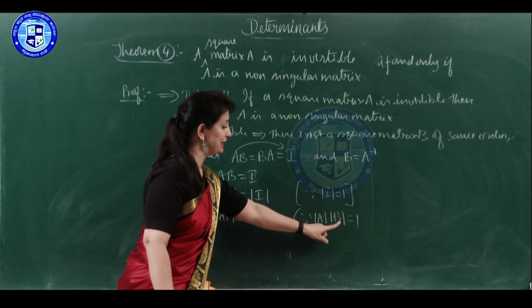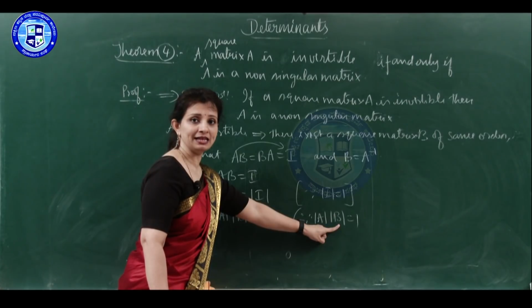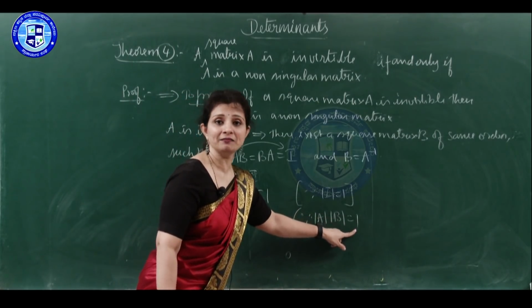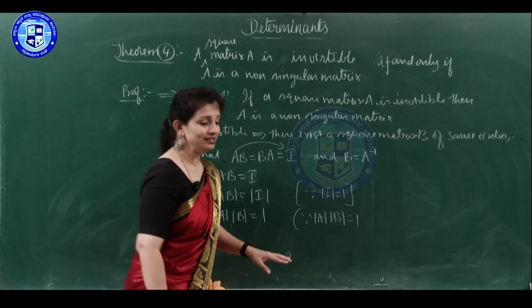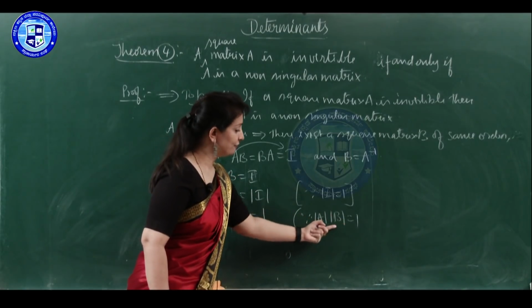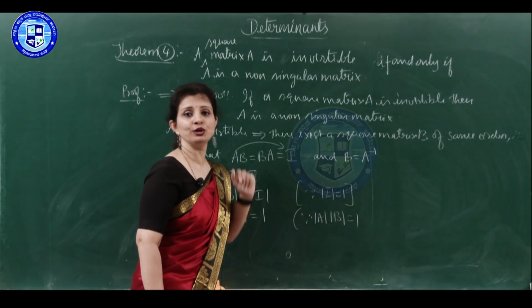If any one of these two determinants is equal to 0, then the product of these two can never be 1, it will be 0, isn't it? If either determinant A or determinant B is 0, then the product will be 0, not equal to 1.